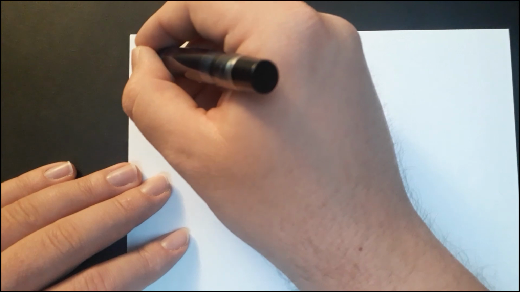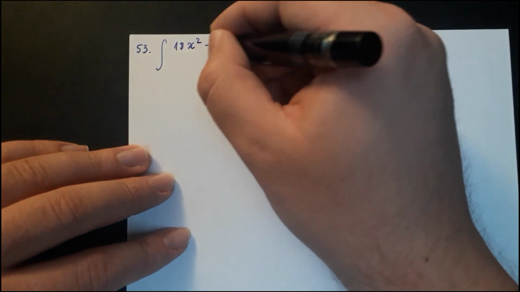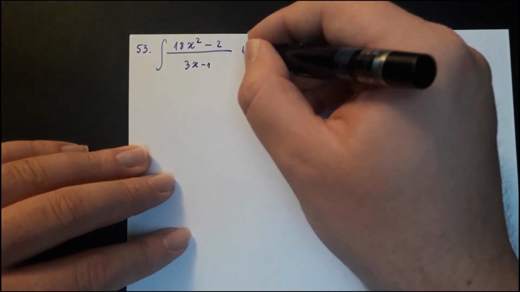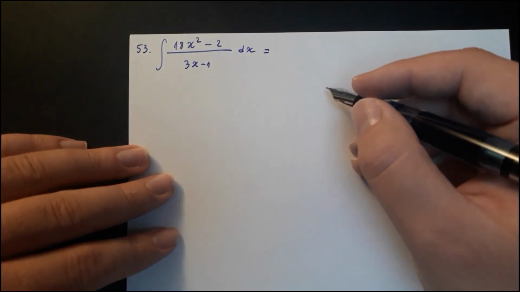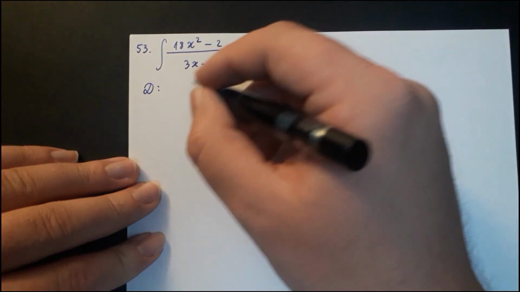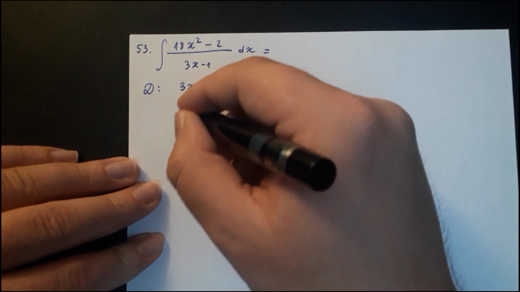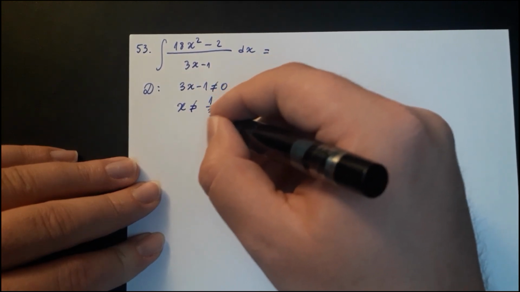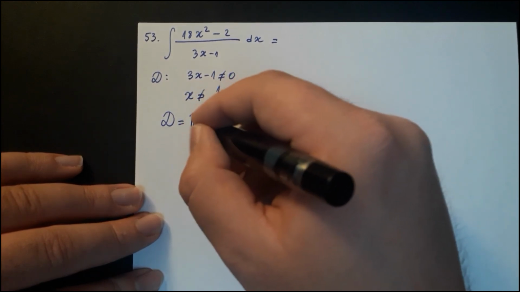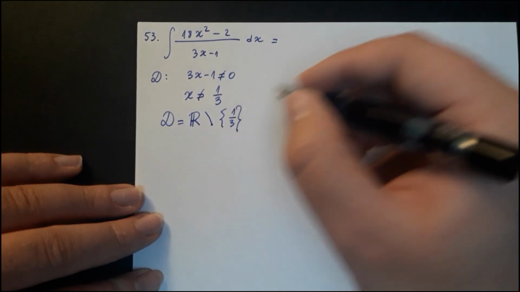Integral number 53 on our list is an integral of 18x squared minus 2 divided by 3x minus 1 dx. This integral is defined for 3x minus 1 different than 0, and that means that x has to be different from 1/3. So the area in which this integral is defined is the set of all real numbers without 1/3.